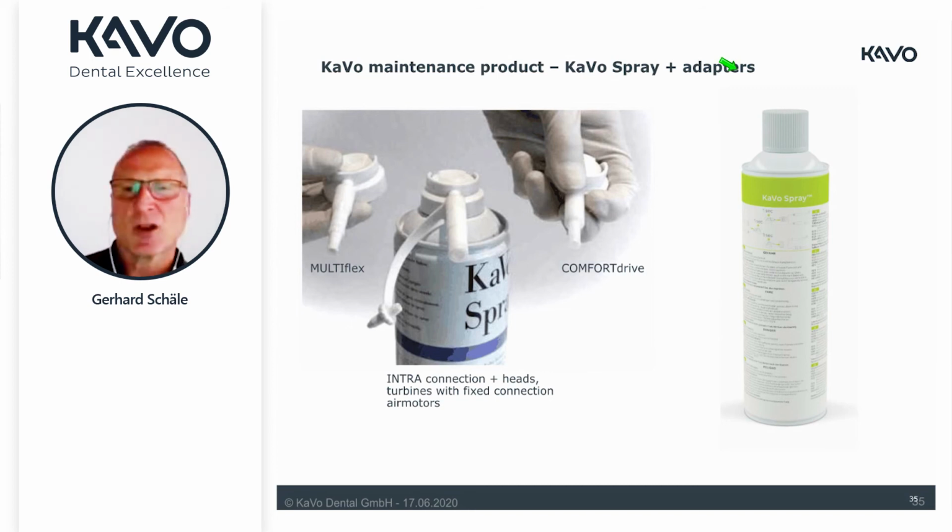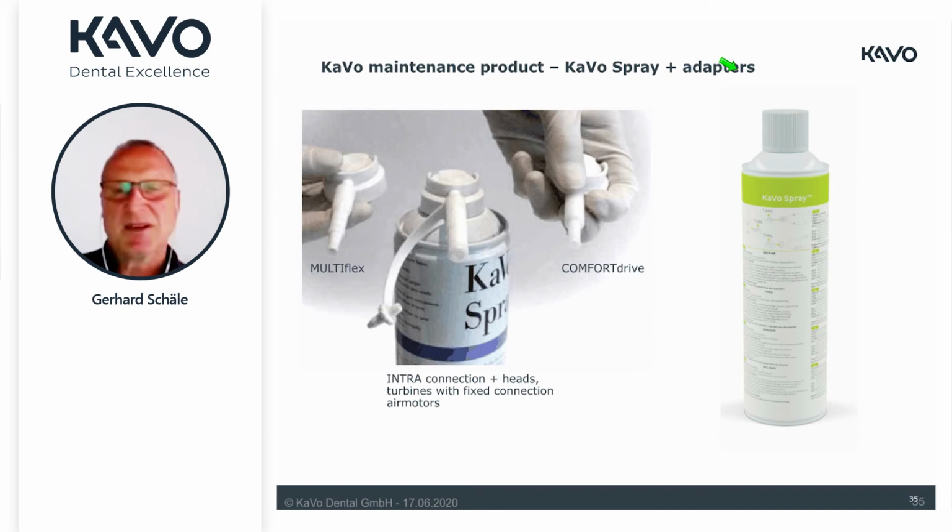Please always have a look at what is written here. For the spray you use in the Guatemal, it says KaVo Guatemal spray, and this is only for the Guatemal. For the KaVo spray used mechanically with the adapters, you use the KaVo spray.